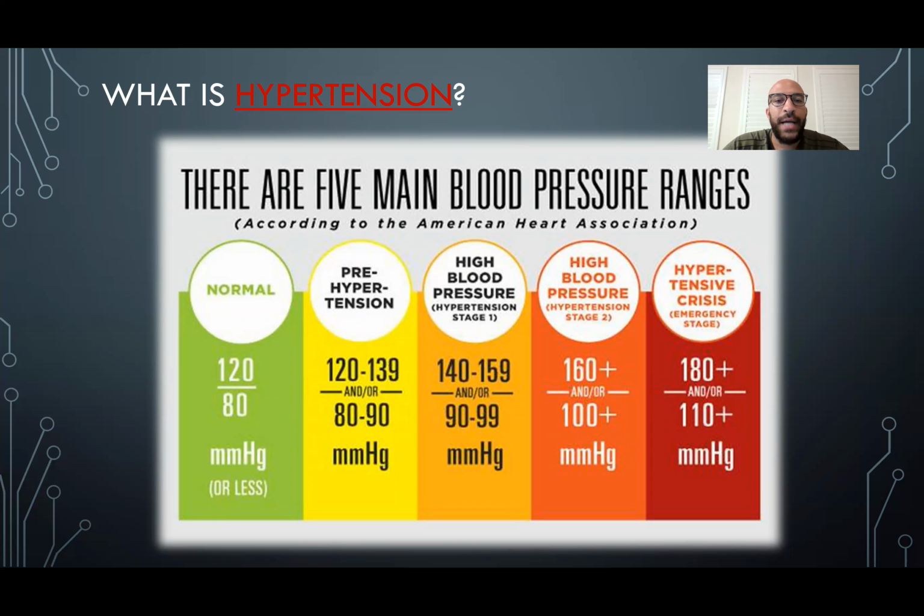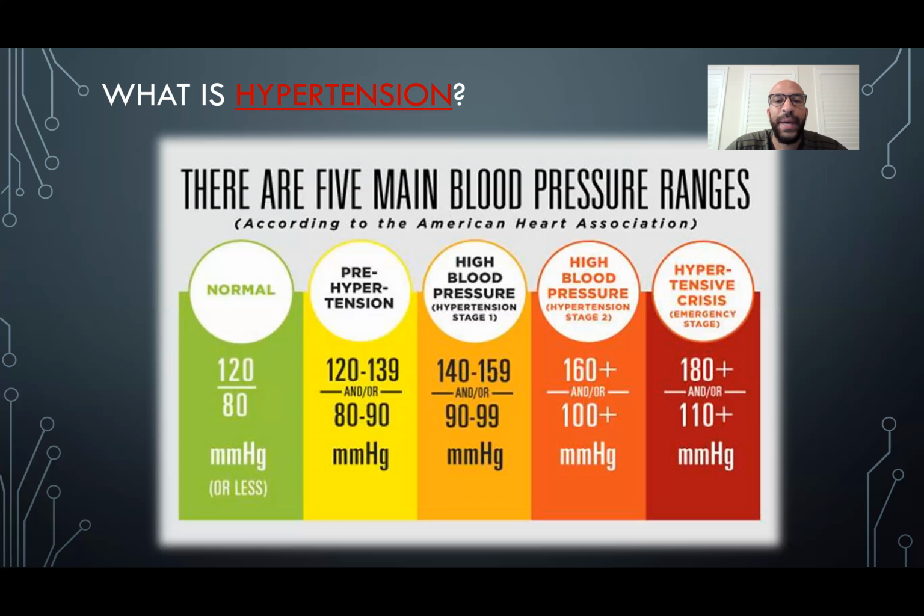So as we can see, high blood pressure is 140 to 159 systolic, or diastolic 90 to 99. High blood pressure or hypertension stage 2, this is someone whose blood pressure is consistently high, who probably needs medication, hasn't been officially diagnosed because they haven't visited a doctor, or someone who's just stopped their medications, or their medications are no longer working to keep their blood pressure low.